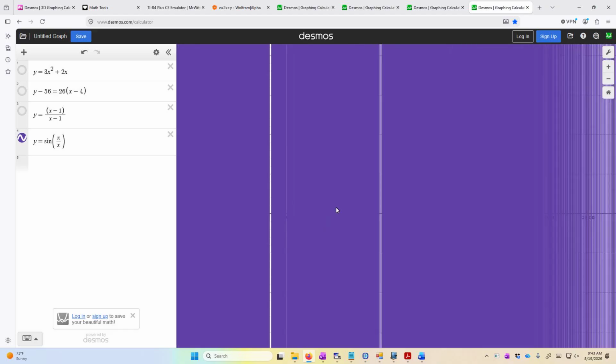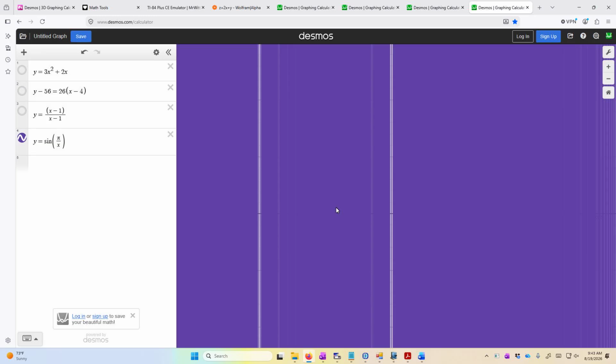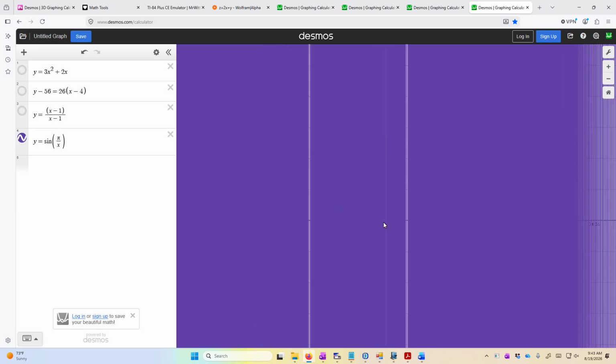It completely fills up the whole screen. There is a little gap between every single one of those lines. But the closer you get, the faster it goes back and forth, back and forth. Super cool. Very weird as well.